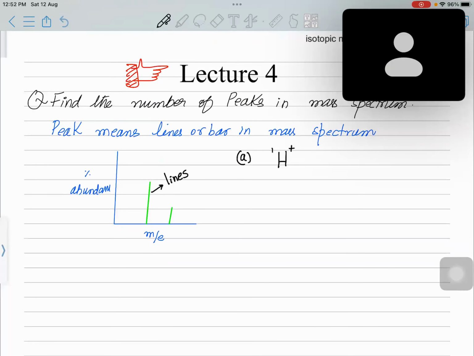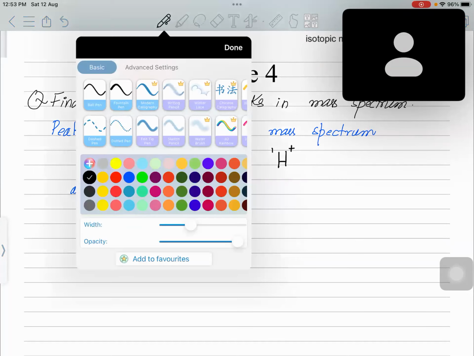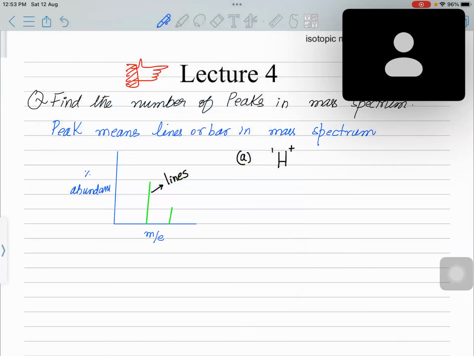Last time we discussed 3 isotopes, H1, H2 and H3.